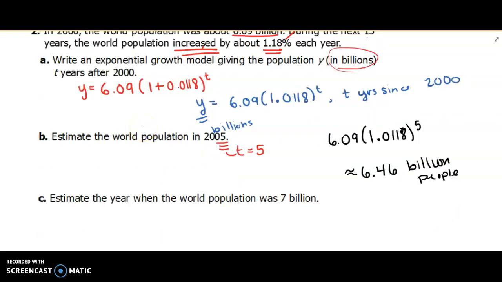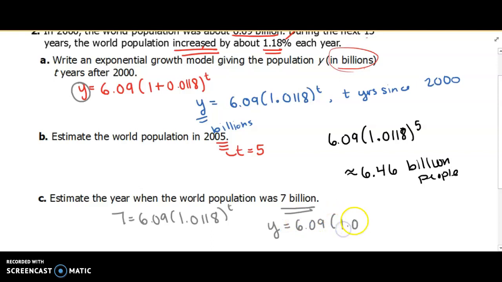If I look at part C, it says estimate the year when the world population was 7 billion. So we know our population is 7 billion. I'm going to say 7 equals 6.09 times 1.0118 to the t. Now if I subtract 7 from both sides, I get y equals 6.09 times 1.0118 to the t minus 7, and then I want to see where this is equal to 0.